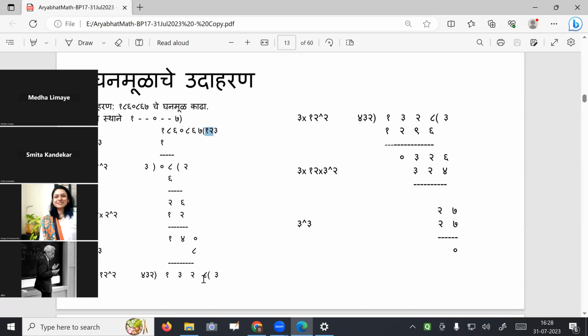Once you get c, you start using it. So you subtract 10 times a plus b raised to 3 into c, then you subtract 10 times a plus b squared into c squared. Here a plus b is that number together. And then you can continue with this, and this will work.